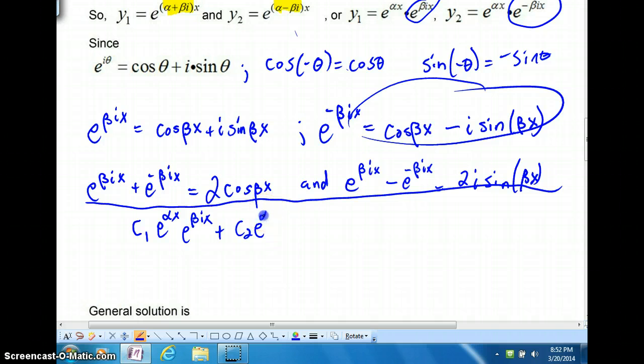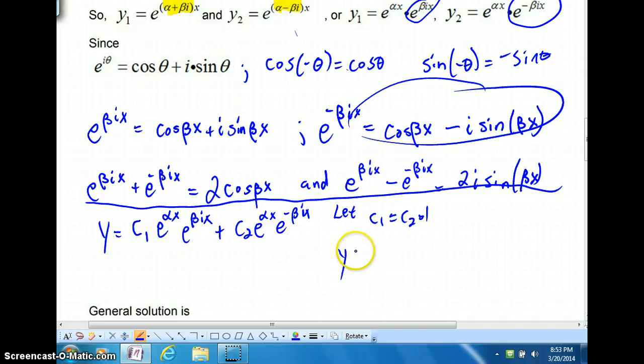We could say e to the alpha x times e to the opposite beta ix. And remember, any constants are going to work. So let's just say over here that we want c1 to equal c2 to equal 1. If that's the case, just put 1's out in front there, and this would be our y value.